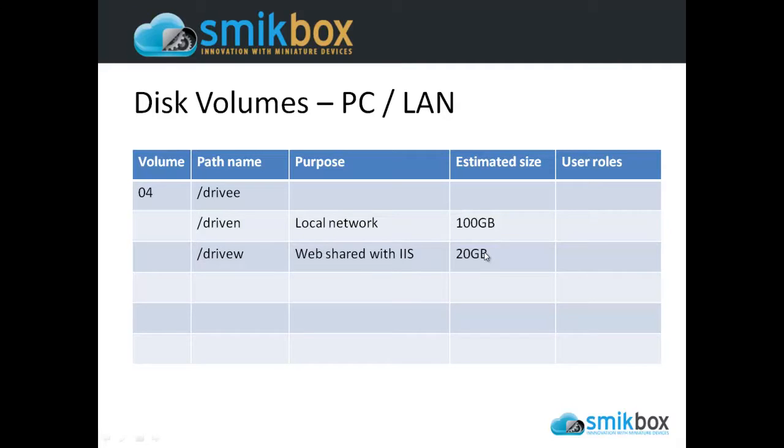So 100 gigabytes is probably enough. There's a lot in that 100 gigabytes, however: thousands of files, because they're all little files, word processing files, Excel files. The user access to these folders is a topic within itself. You'd need to sit down and work out the folder structure under each of those drives, and then who has access to each of those folders and subsections by department, by user, by role.